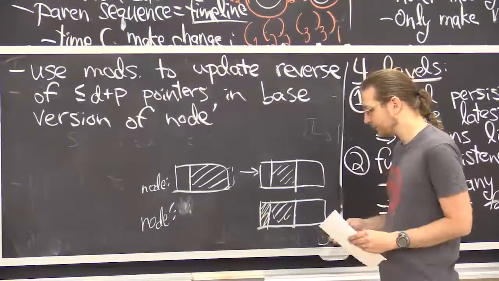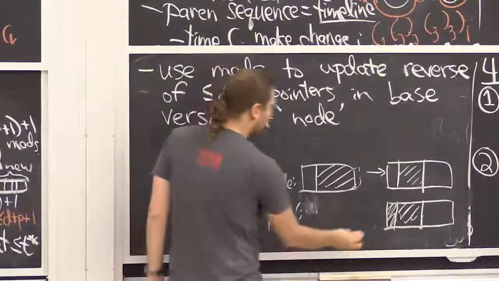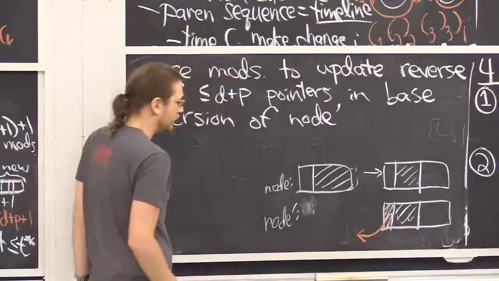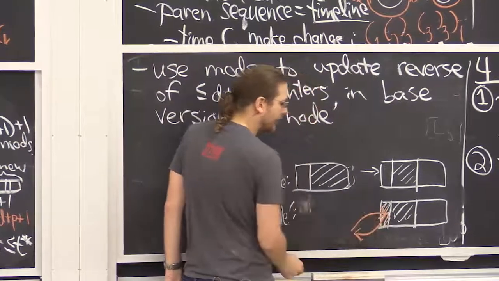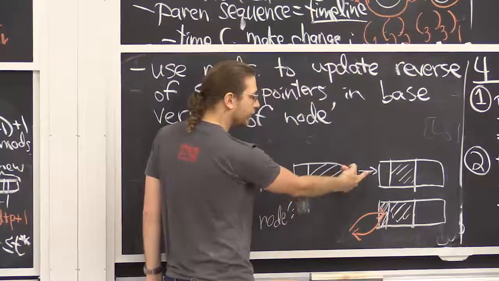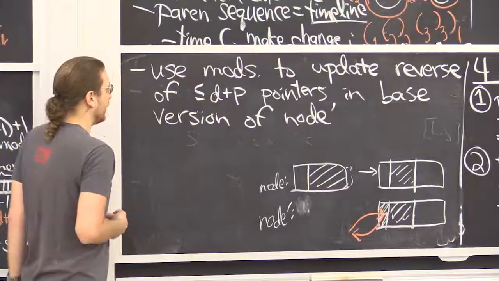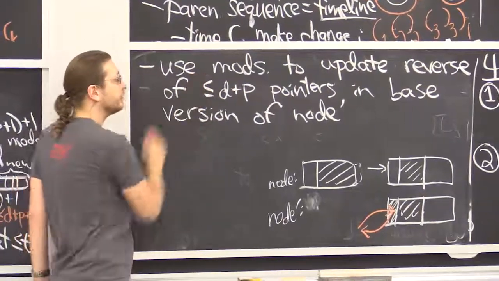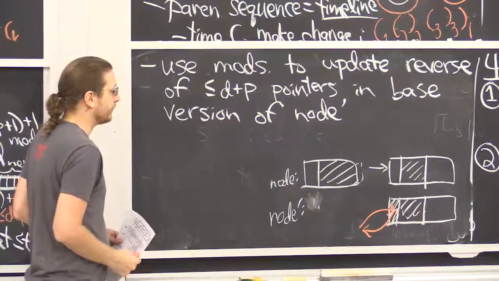So the first thing I'm interested in are these pointers, I'll draw them in red, that come out of the base version. For each such pointer, there's a reverse pointer which needs to be updated because it used to point to node, now it has to point to node prime. Okay, these are the hard ones. These ones I'm going to use mods and recursively doing splits to update them.